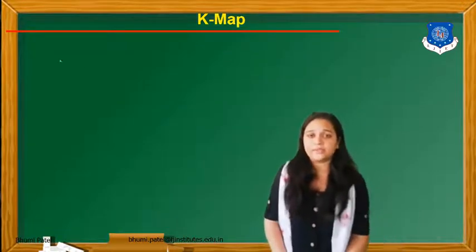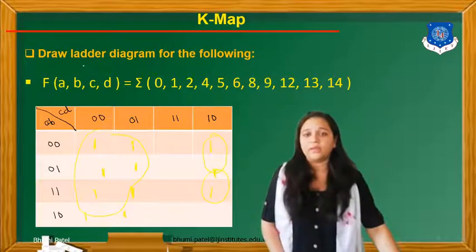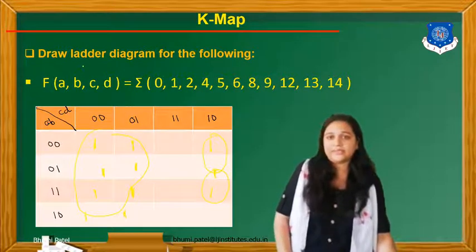So Y is equal to, first of all, for the 8, 1 pair we can get the common term C bar.